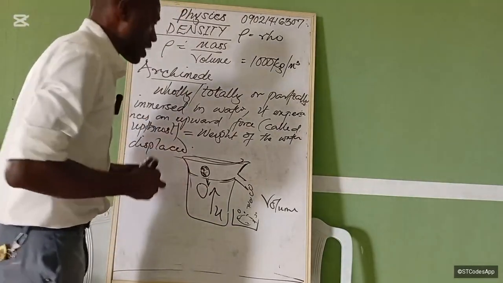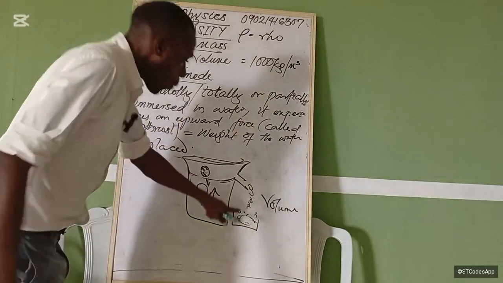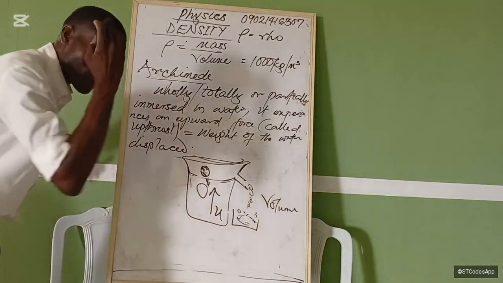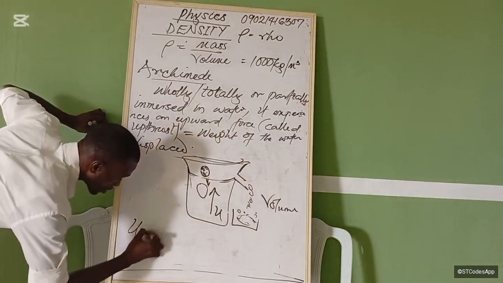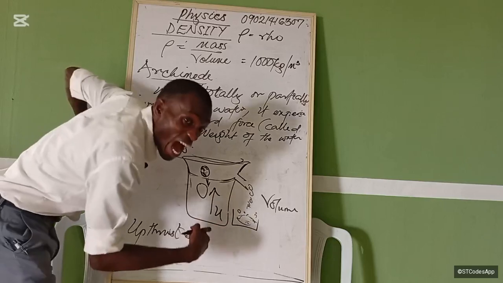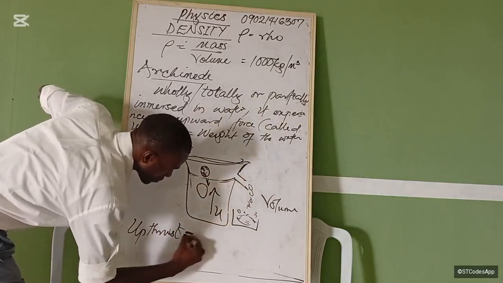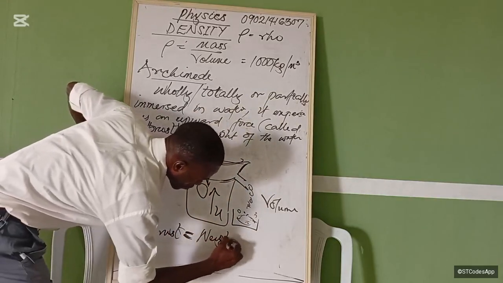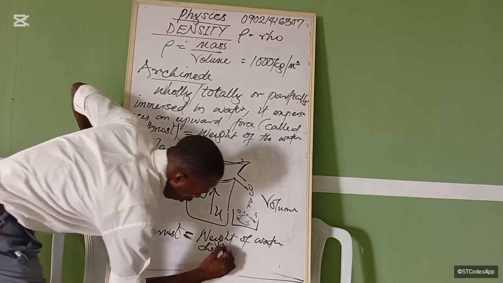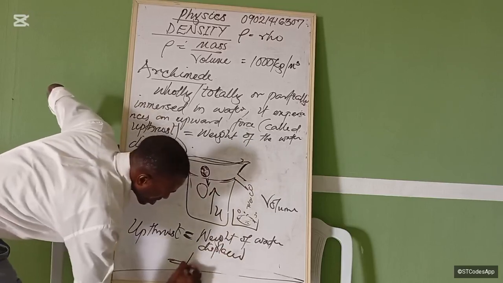So what is upthrust? Let me tell you what upthrust is. So water is displaced here, right? So water is displaced here. It means that upthrust, which we said, will be equal to the what? The weight of water displaced, or we call it loss in weight.